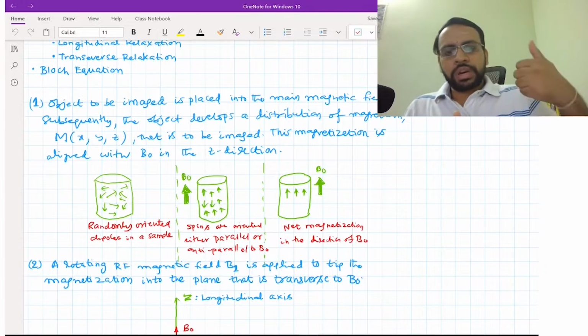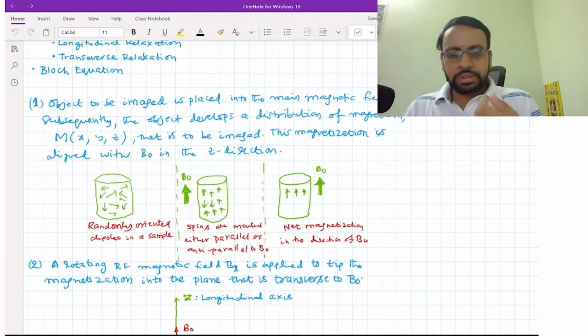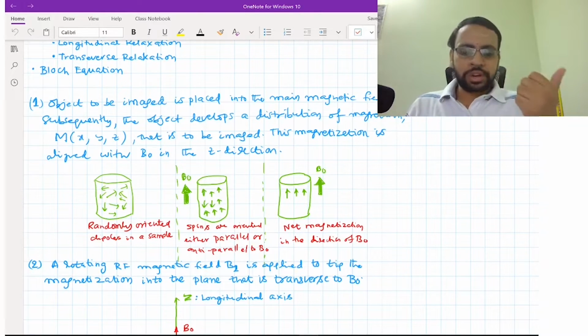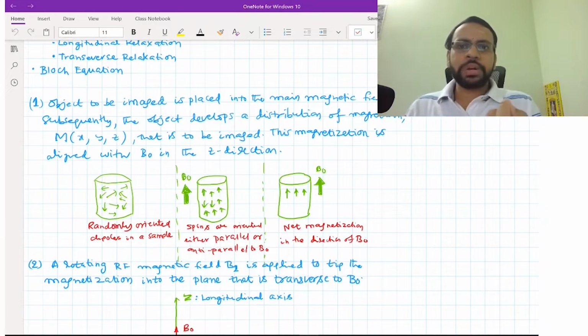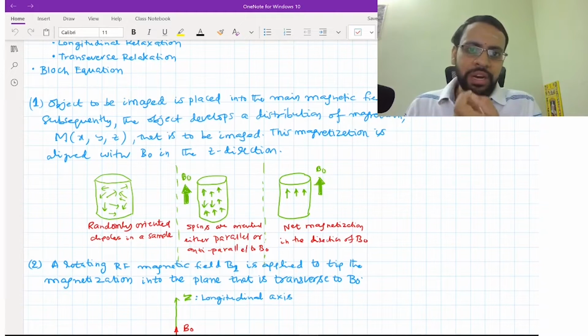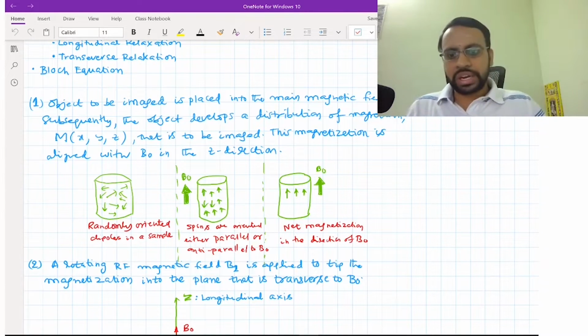If you are not applying any external magnetic field, and assuming it has a lot of hydrogen atoms, each with one proton in its nucleus, which has a property of spinning and results in an angular momentum, and this angular momentum gives you magnetic properties. So each hydrogen atom acts like a tiny magnet, but it is oriented in its own direction, as you could see here in the first image.